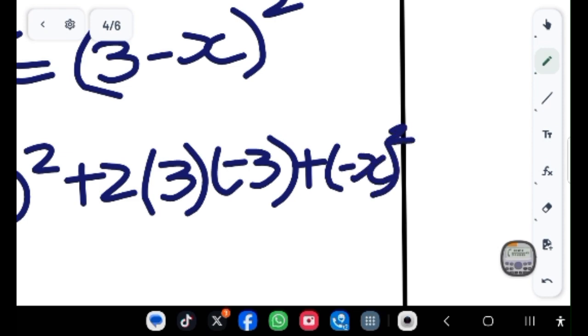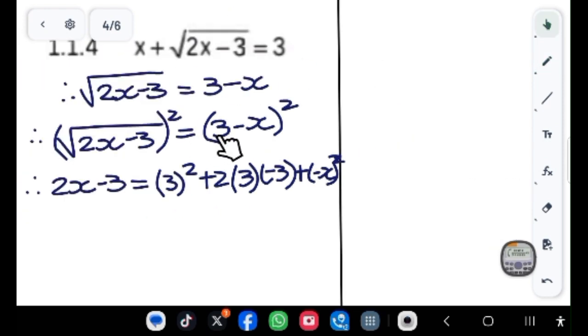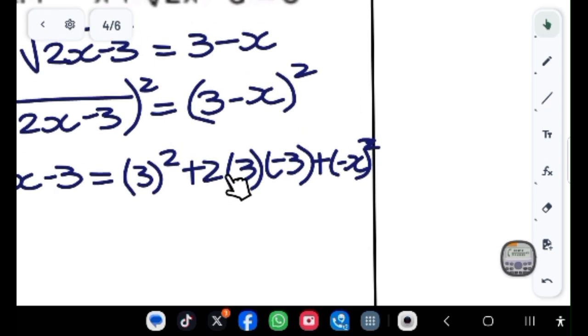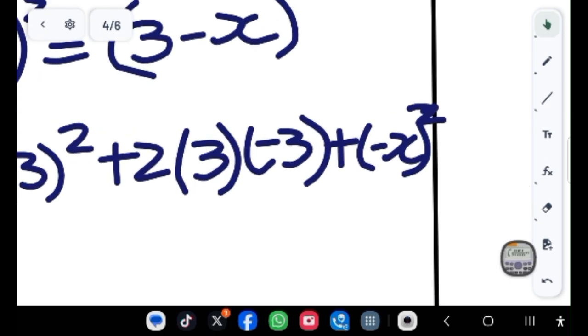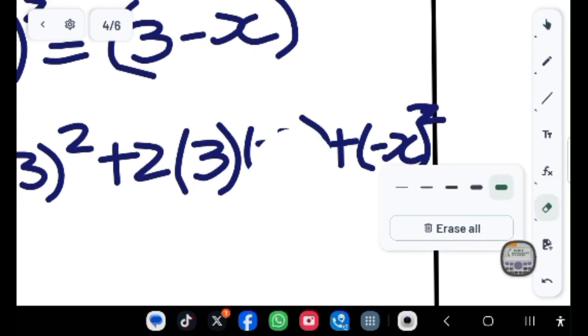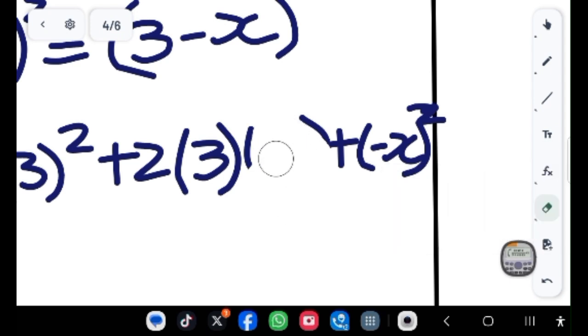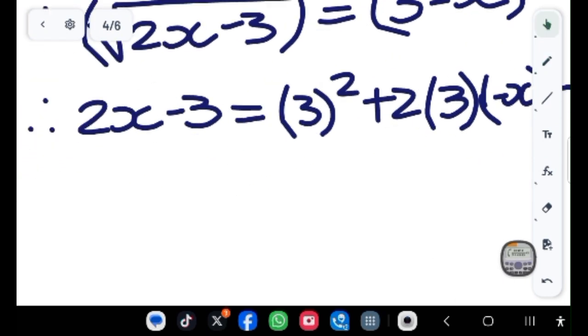Squaring a binomial is you square the first term and then plus 2 times the product of the two terms with the signs. Right, so this should be negative x, not negative 3. Sorry about that. Let me fix that. Negative x, and then the last one will be negative x all squared.